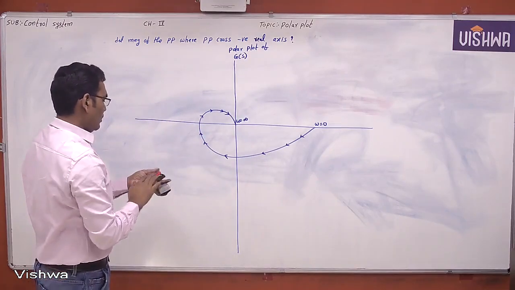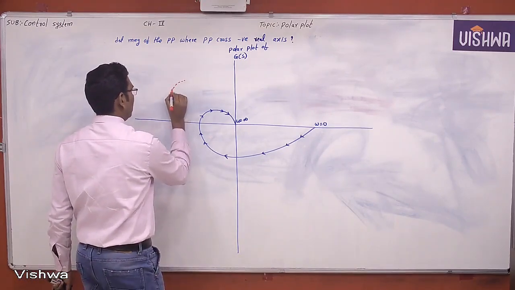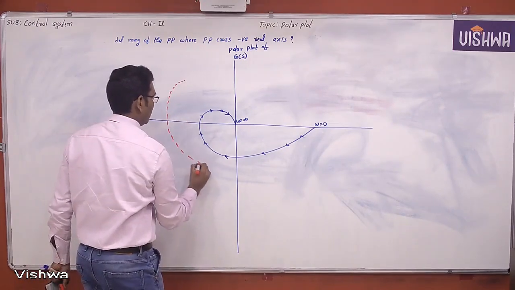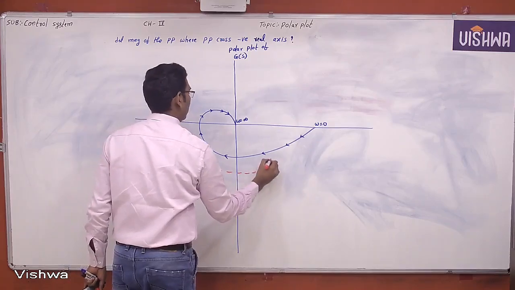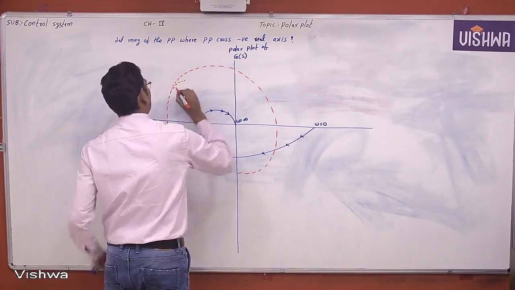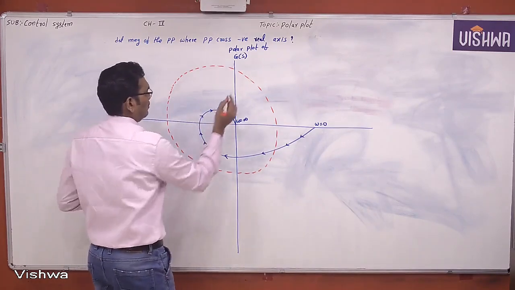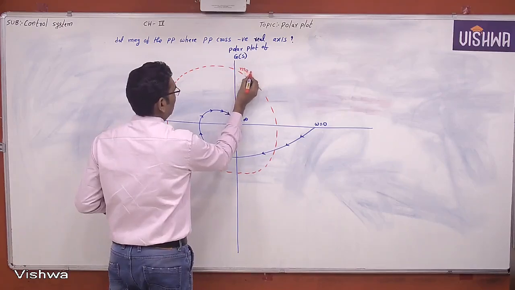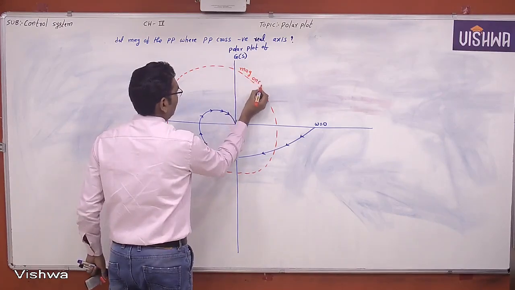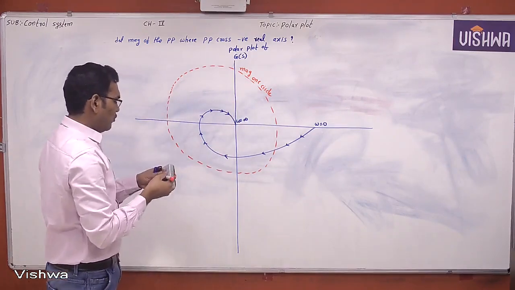Is there any other information given? Yes, there is: this is the magnitude 1 circle.